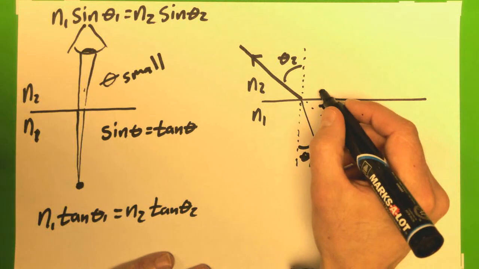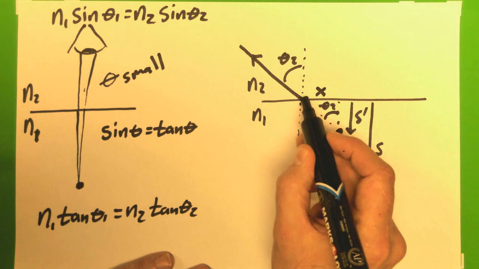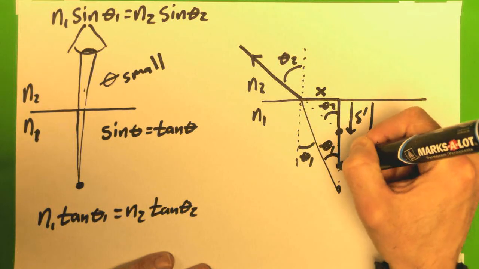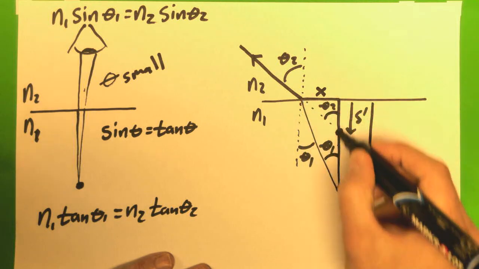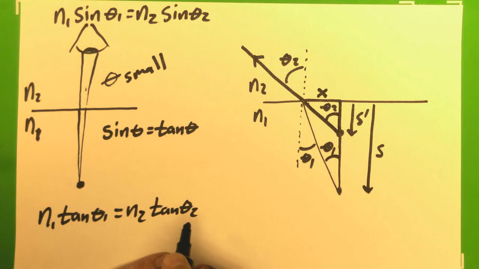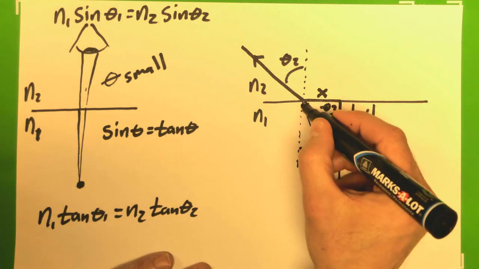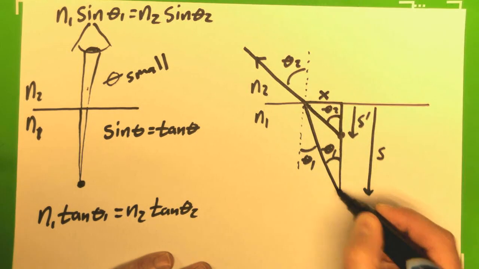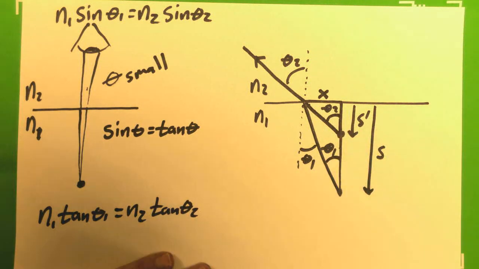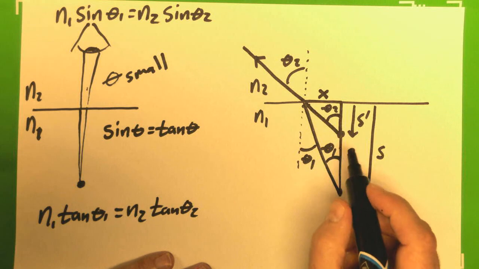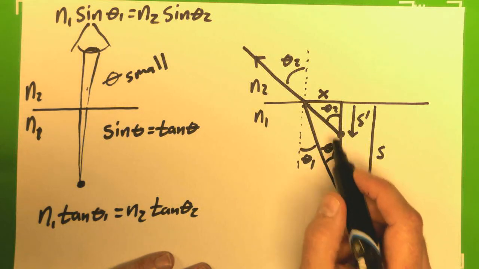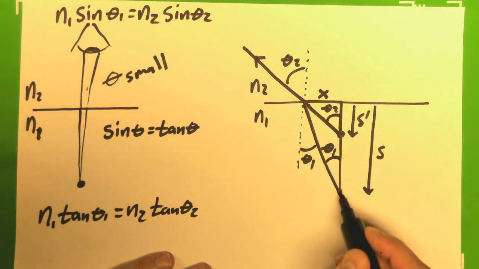Let's choose a dummy variable, x, being the length of this side of these two triangles. I'm going to draw that one. So we have this triangle, and then I have this triangle. I have two triangles that I'm going to be analyzing. Looking at these triangles, I can say that tangent of theta 1 is going to be opposite over adjacent.